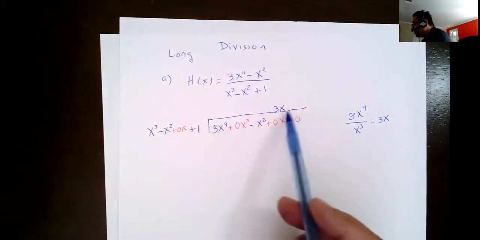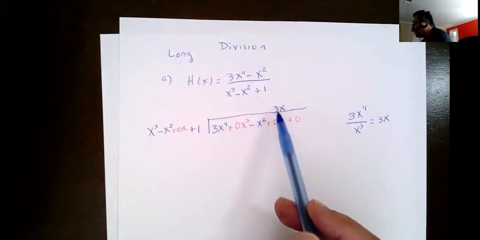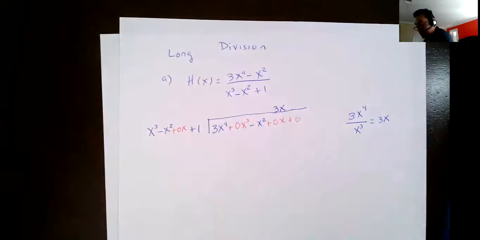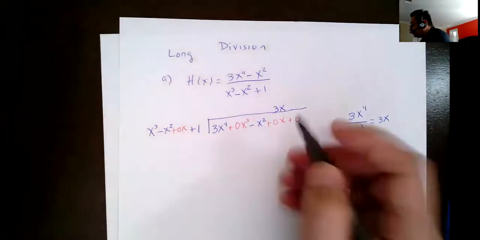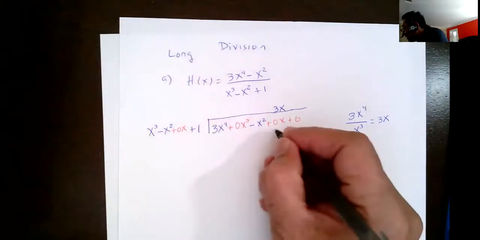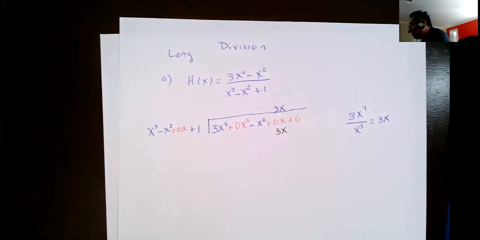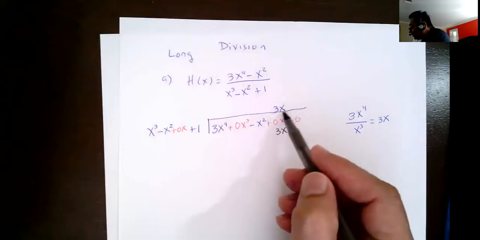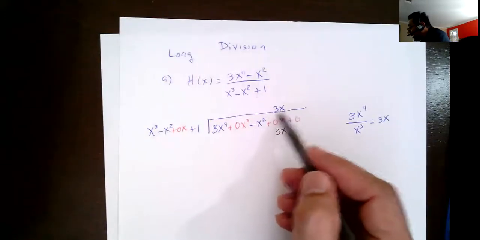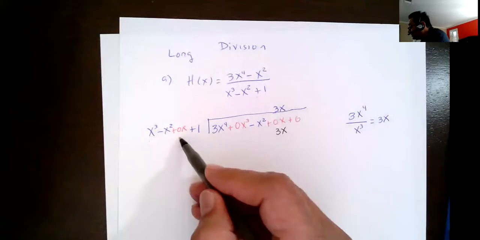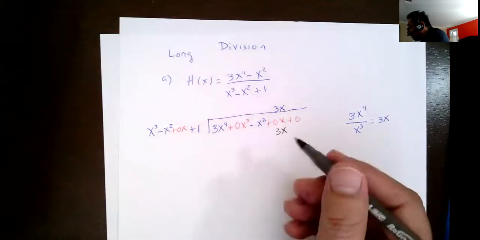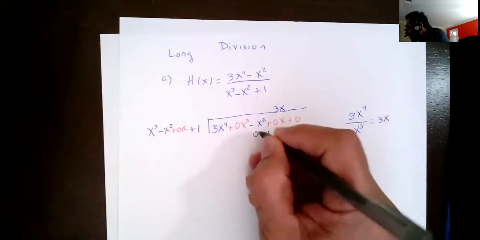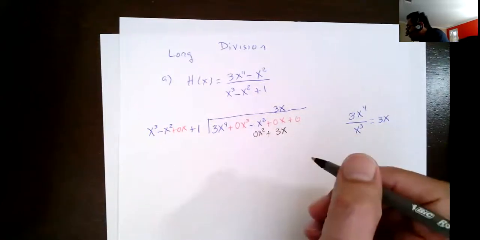All right. Now that you got 3x, we're going to start multiplying 3x times 1, which is 3x. I'm going to use a different color here. 3x times 1 is 3x. Place it right here underneath the 0x. And then 3x times 0x, that would be 0x squared.